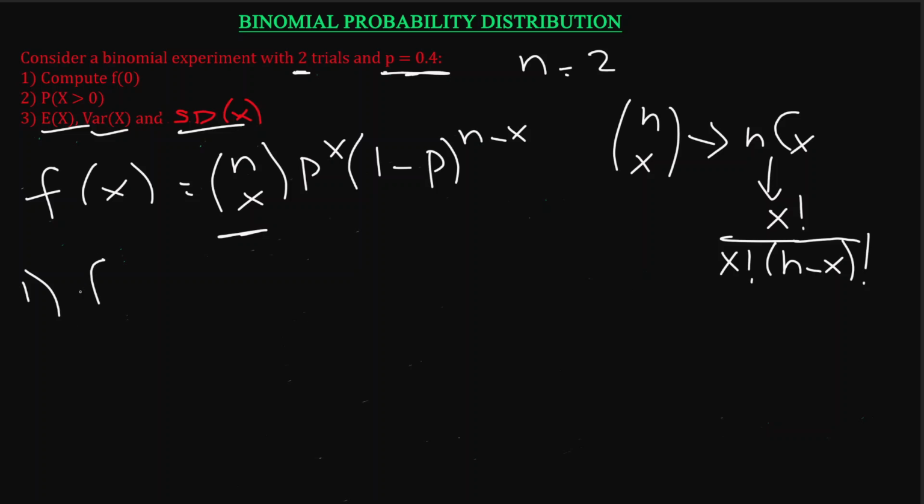We compute f of 0. We just replace 0 wherever we have x in the binomial formula.